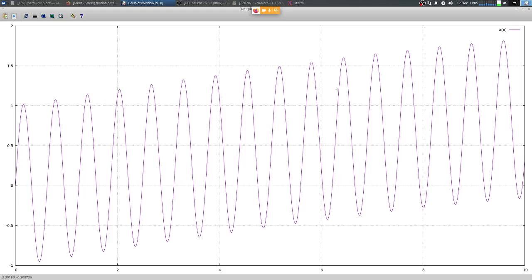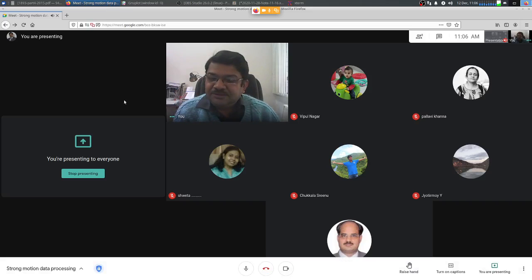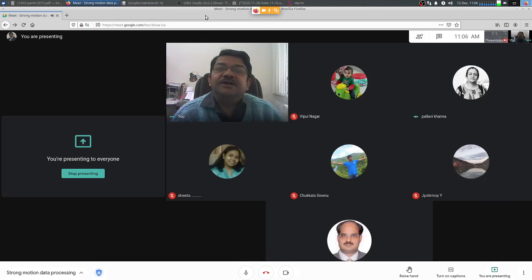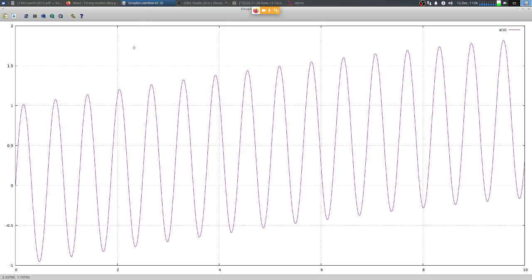Can you see what is happening here? Any ideas? No damping is there. Of course, there is no damping, it is pure sine wave. But what you need to observe is that this is a high frequency component, right?